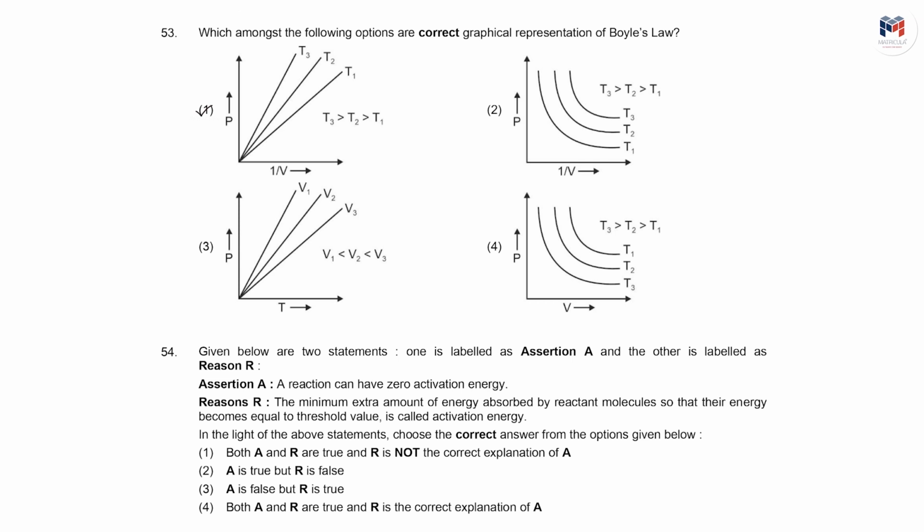Reason R: the maximum extra amount of energy absorbed by reactant molecules so that their energy becomes equal to threshold value is called activation energy. In the light of the above statements, choose the correct answer from the options given below. The answer is option number 1. Both A and R are true and R is not the correct explanation of A.